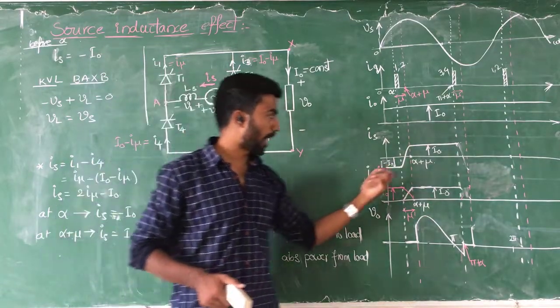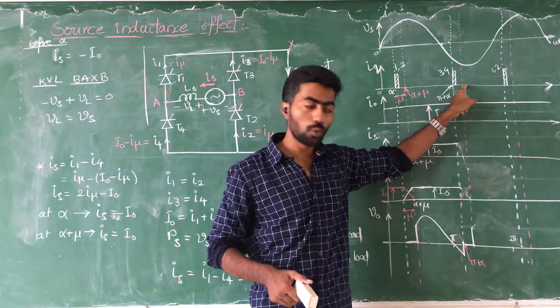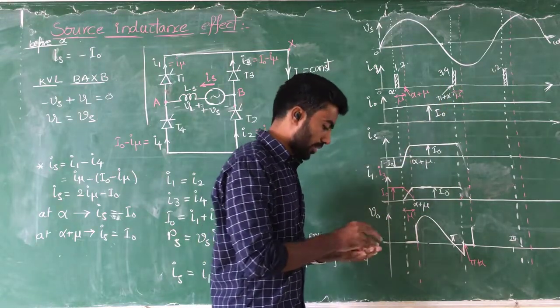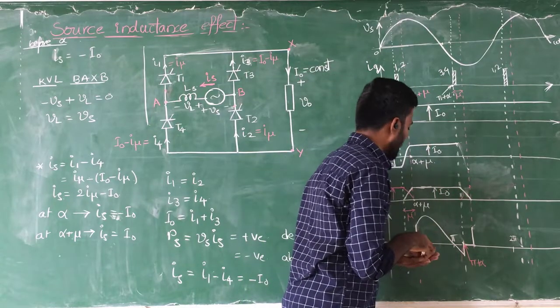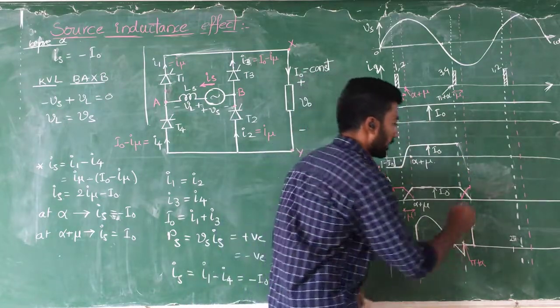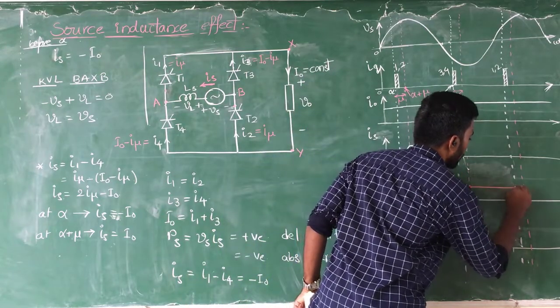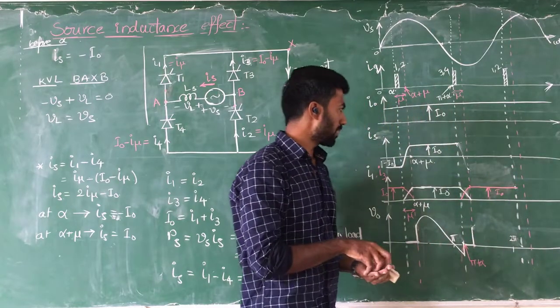The same transition happens from pi plus alpha to pi plus alpha plus mu. The I1 current starts decreasing to 0 and the I3 current starts increasing to the same I0, reaching a constant magnitude I0.